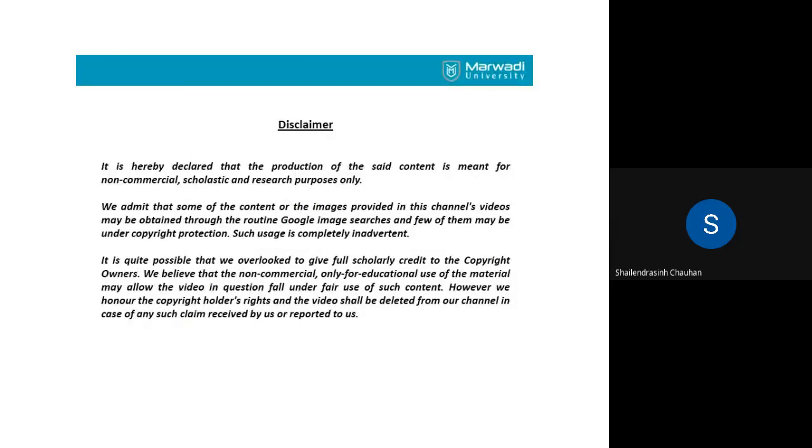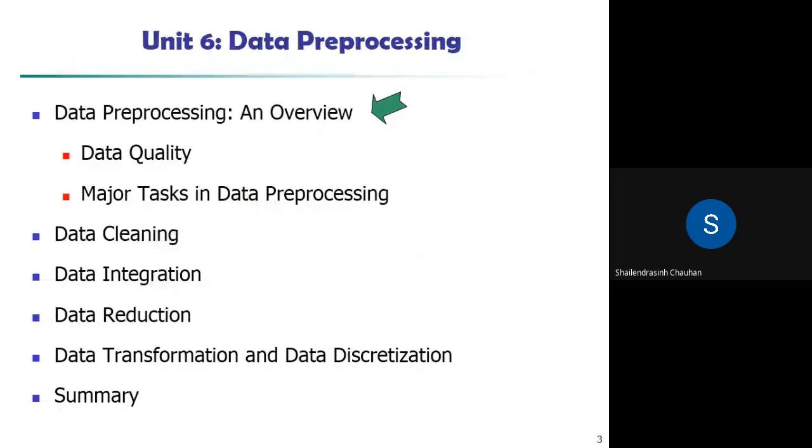Okay, so let's have a brief about unit 6. These are the topics that we are going to discuss in detail in this unit. First, we will have an overview of data pre-processing, which kinds of tasks you can perform. Then we will see data cleaning, then data integration, data reduction, data transformation, and discretization and summary.